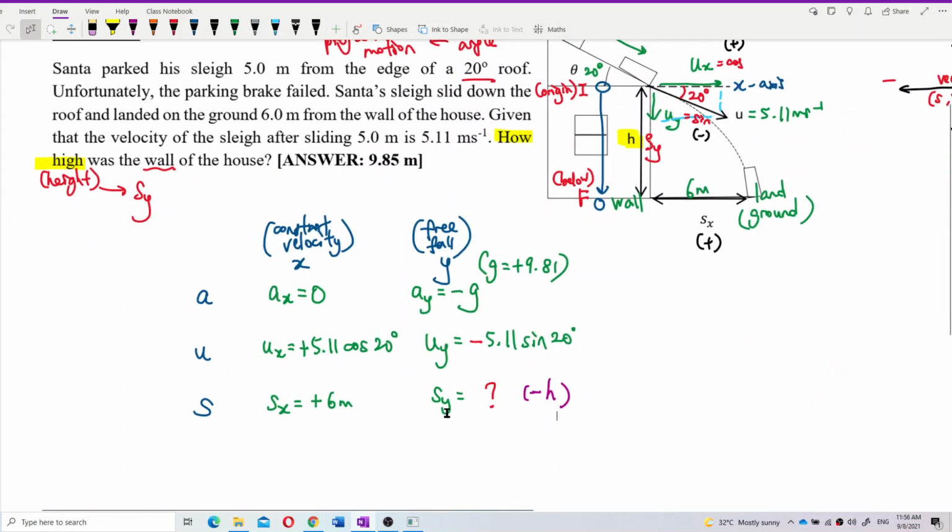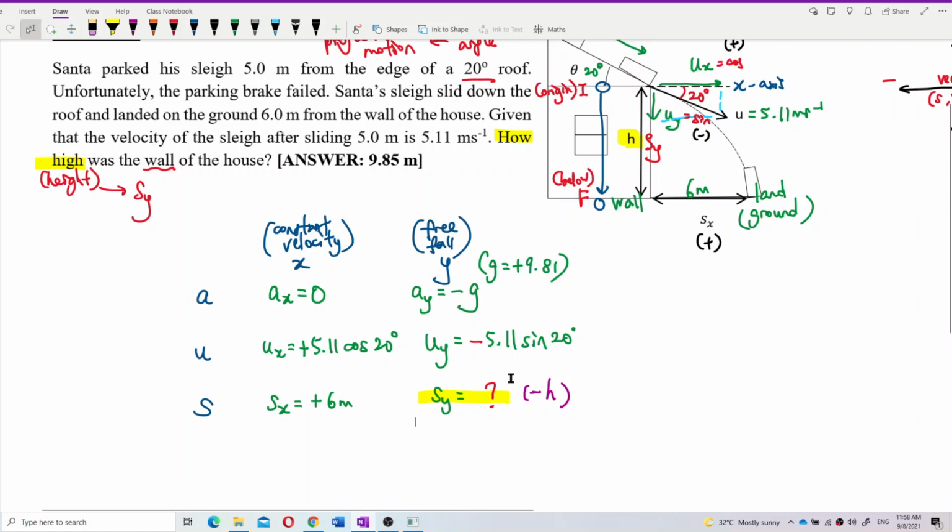Now, how to find sy? How high? How high means the y displacement. Can we straight away find it from the y component? We have a and u, only 2 pieces of information.